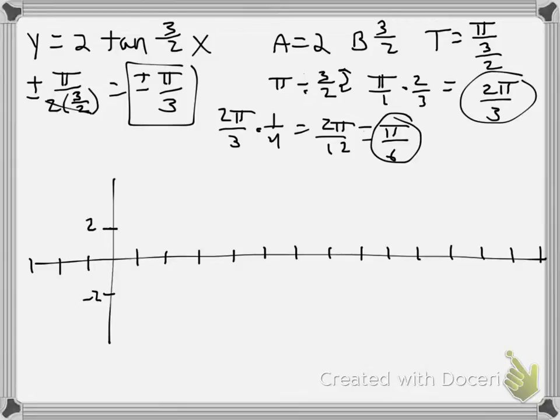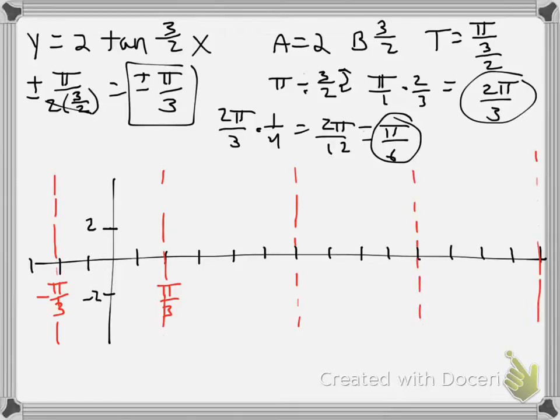So I know I have asymptotes here, and I know that that's plus or minus pi over 3. So negative pi over 3 and pi over 3. And so basically every 4 tick marks, there will be an asymptote. Awesome.